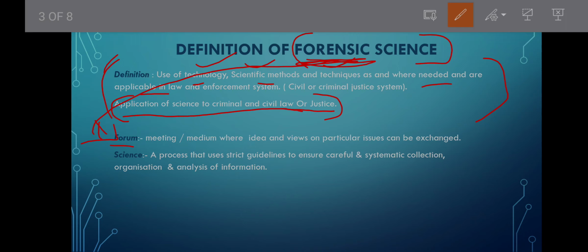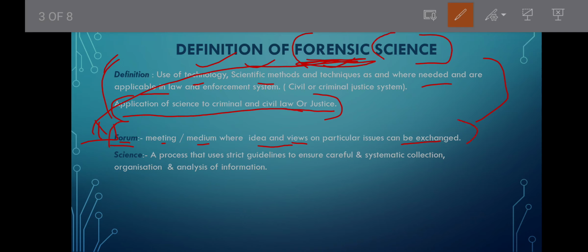They had these forums. So what does the word forum mean? It means a place of meeting, or a medium where ideas and views on a particular issue can be exchanged. So this is the meaning of this word.